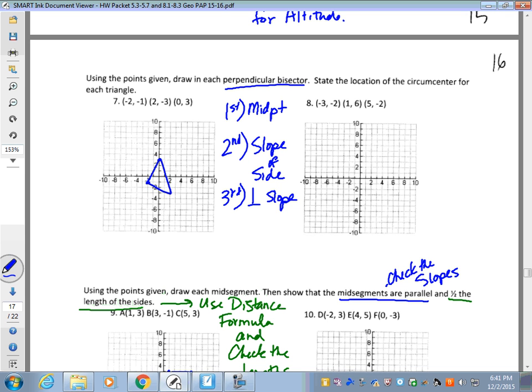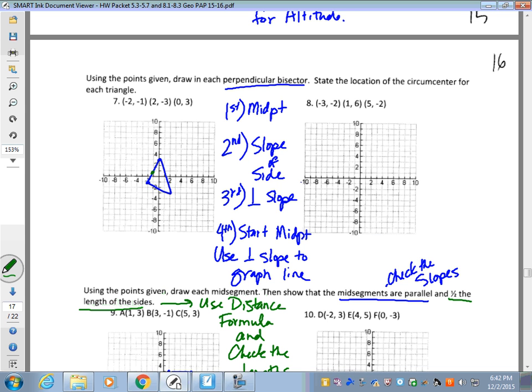Okay, and I'm going to start at the midpoint and use the perpendicular slope to graph additional points to graph the line.